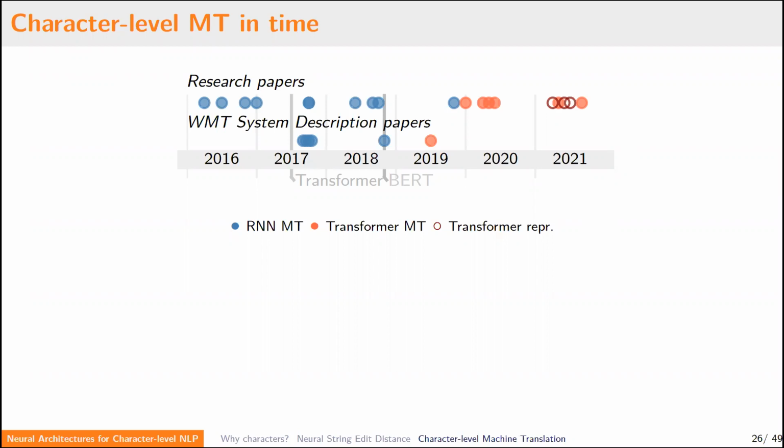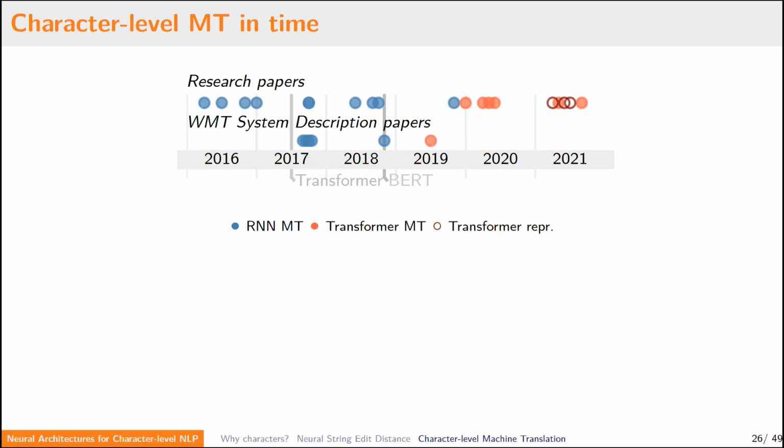Again, this is an important milestone because the transformer architecture was introduced. Here, the BERT model was introduced. And it took some time before researchers started to be interested in using character level models with transformers. And very recently, there is also some work trying to do something like BERT, a pre-trained representation model, with characters.